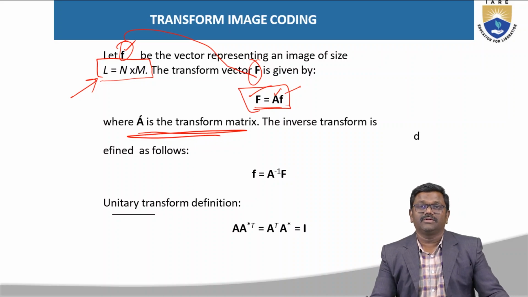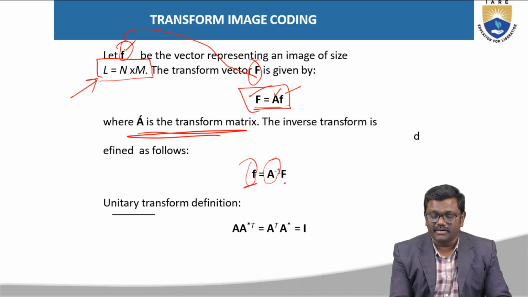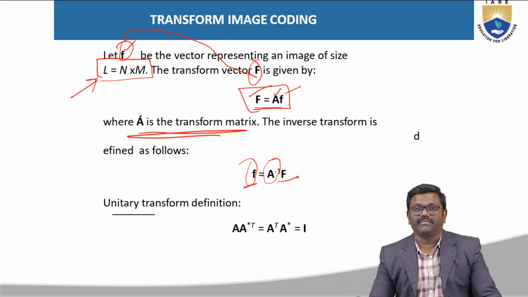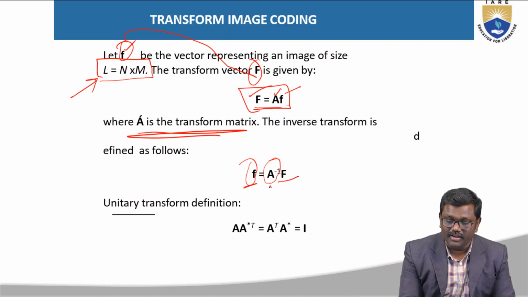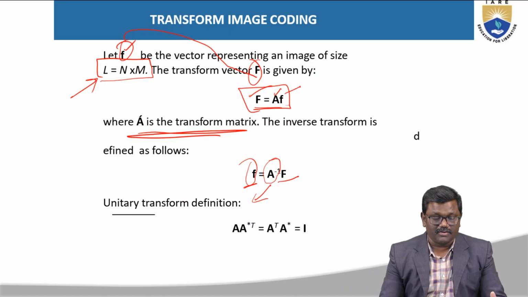The inverse transformation we simply define as follows. Small f, that is, the vector, is equal to the inverse transformation of your matrix applied to the transformed values of F. It follows one of the properties of transformations, which we call a unitary transformation.